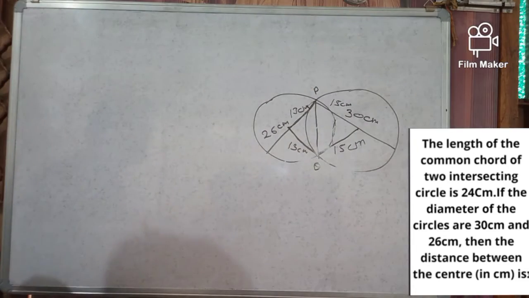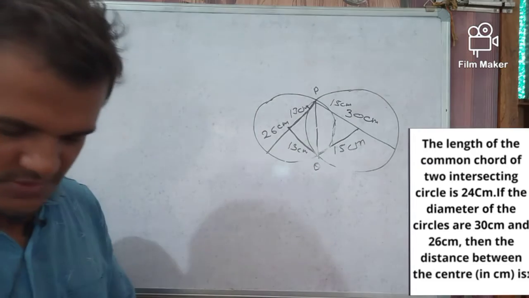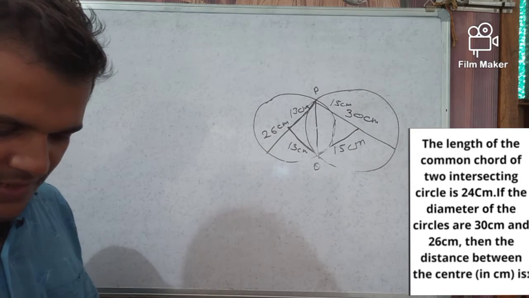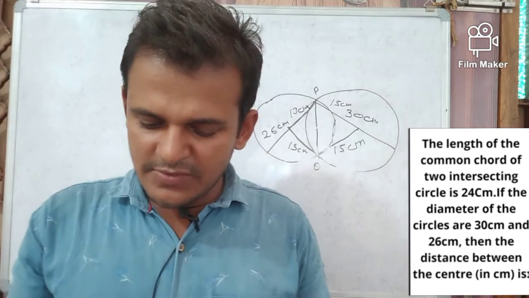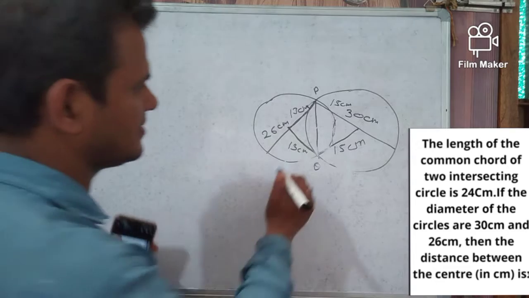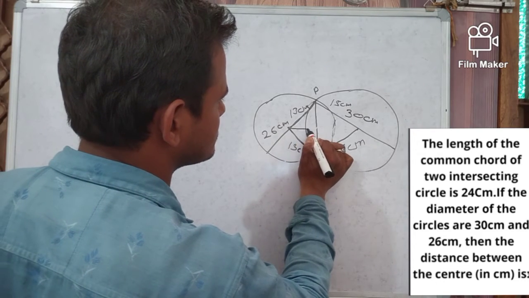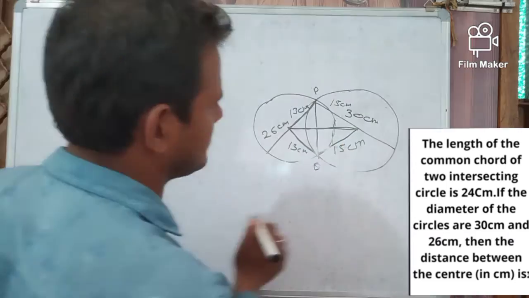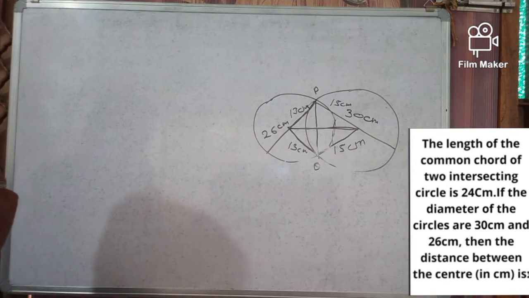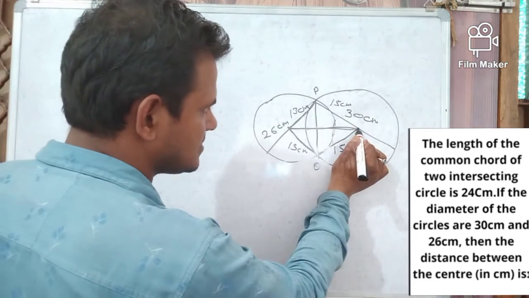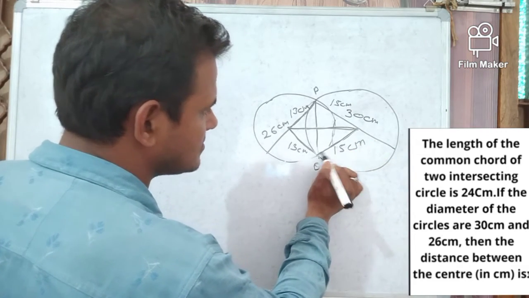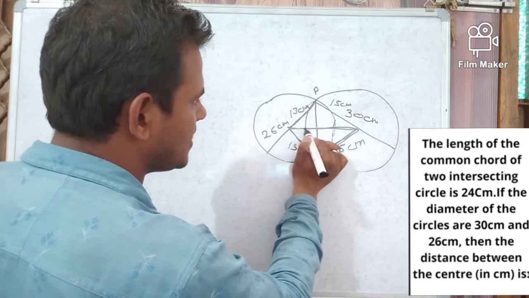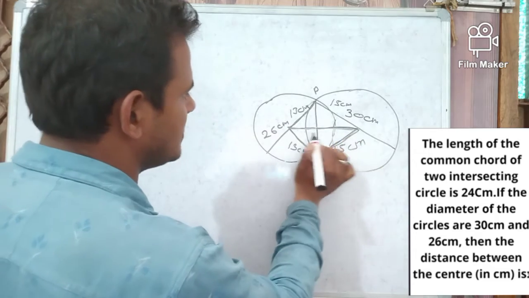So friends, our target is to find the distance between the centers, this line. See here friends, this line is given, this distance is given, and our target is to find this line.